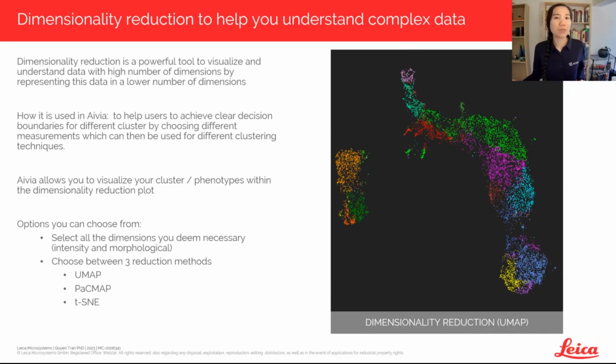So dimensionality reduction using UMAP here can help guide you in the decision of which measurements to use to separate and to have those clear decision boundaries for your phenotypes. And if you prefer, in Aivia, you do have the option of two other methodologies for dimensionality reduction: PaCMAP and t-SNE. So you don't have to use UMAP, which is the example I provided here.